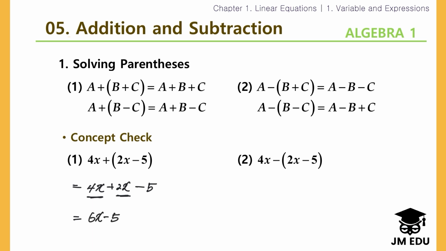Here we have minus in front of a parenthesis, right? Then minus times 2x, that's minus 2x, minus times minus 5, that's plus 5. So we will have 4x minus 2x plus 5. Like terms again, that's going to be 4 minus 2, so that's going to be 2x plus 5.